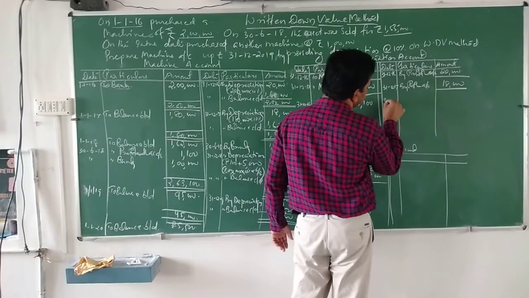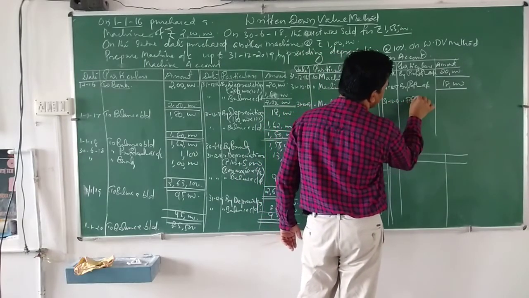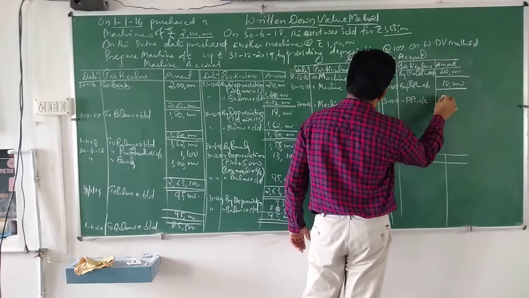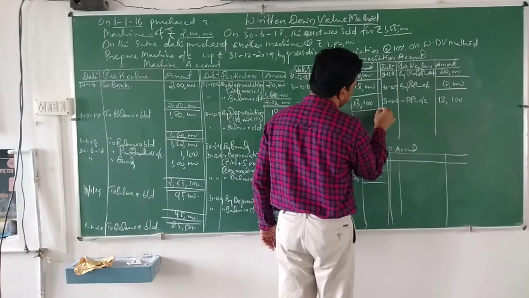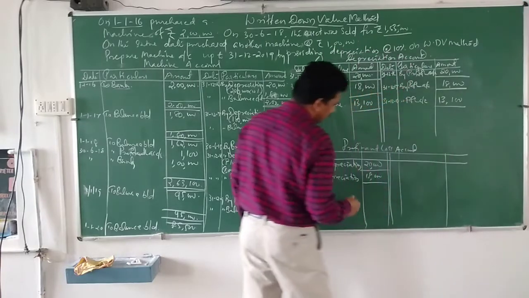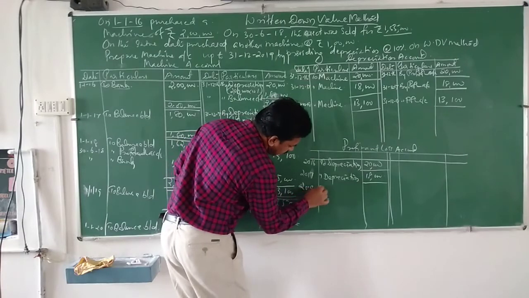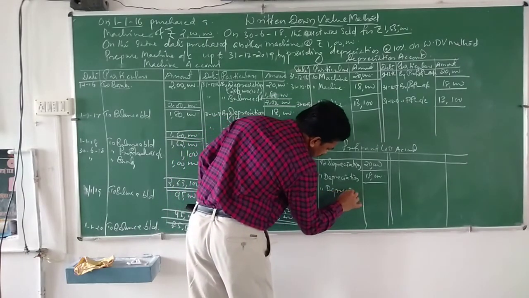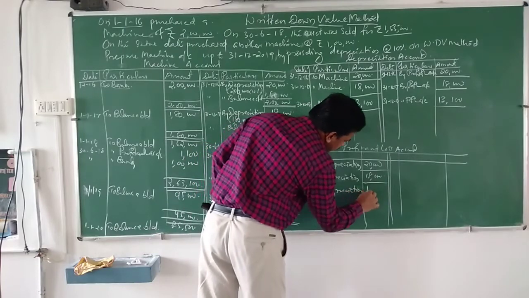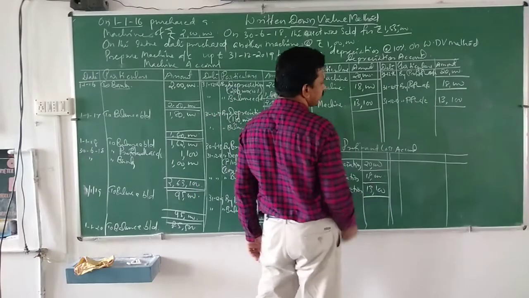So here 31 12 2018, by profit and loss account, 13,100. That also can be closed. Here it is for 2018 depreciation, 13,100. It is closed. Here also closed.